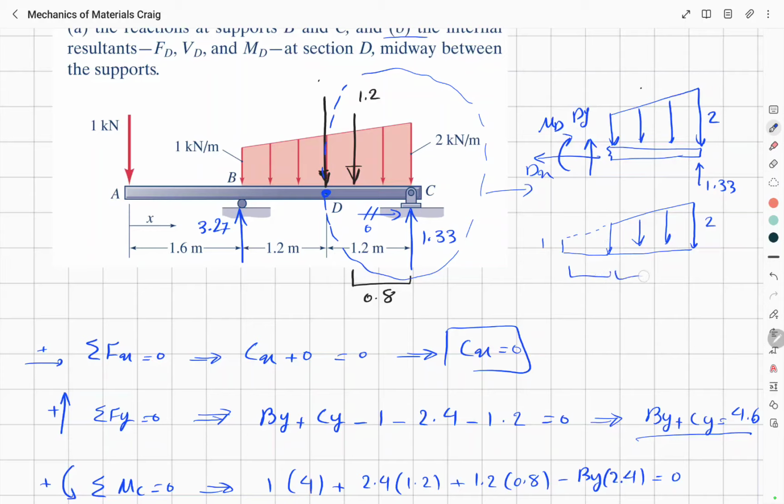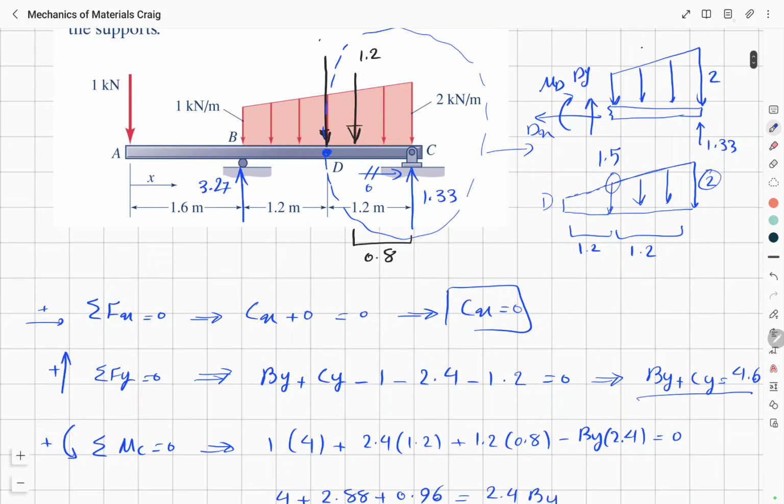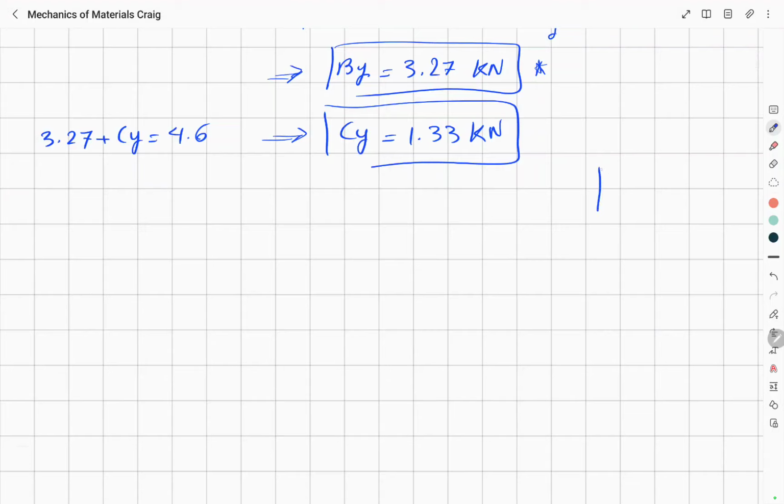And we know this is 1.2, this is 1.2. And since this is changing linearly, in the middle of the load, this value would be 1.5, which is the average of 1 and 2. This is 1.2 meter, this is 2, this is 1.5.